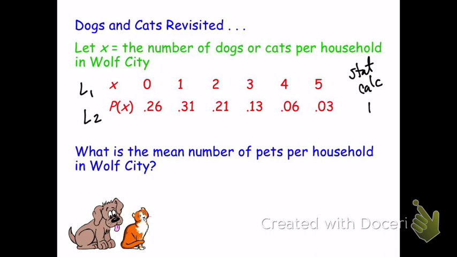Your list should be L1, but I want you to change your frequency list to L2, then hit calculate. And you should get that your mean is 1.51 and your standard deviation is 1.3228.